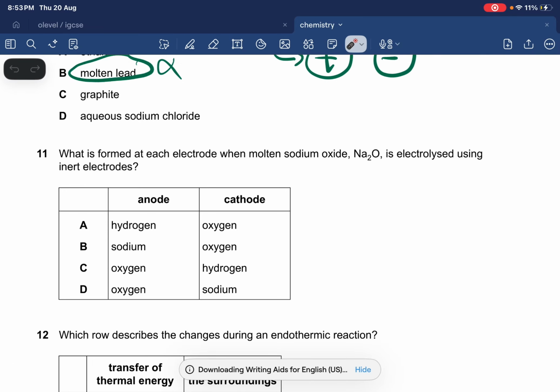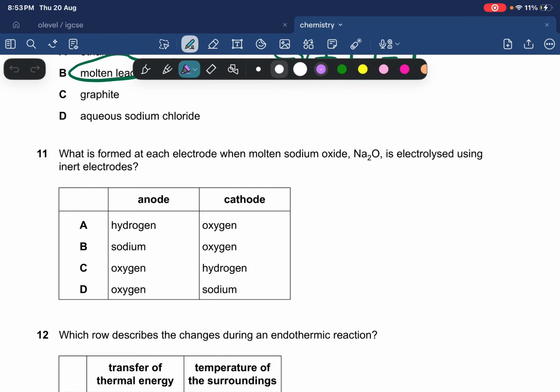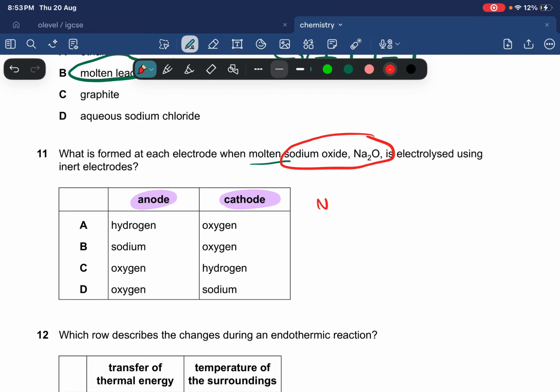Next, question number 11 states: what is formed at each electrode when molten sodium oxide is electrolyzed using inert electrodes? Firstly we are talking about the anode, and then the cathode. We need to realize that it is molten, which means there are no water molecules in it, and we have sodium ions, Na+, and oxide ions, O2-.